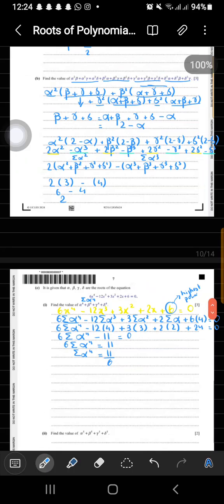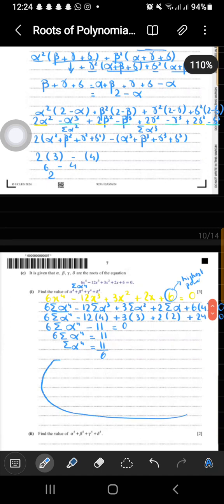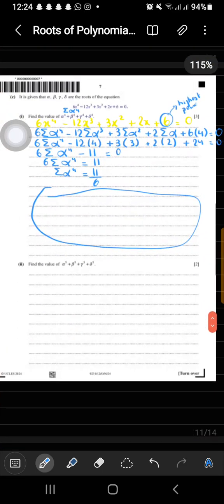That was just simple. You can see that this area is still empty. We reduced the working, and really that was not lengthy. The examiner gave extra space here, I don't know why. Let's move on to the last part of this video. That will also be simple.